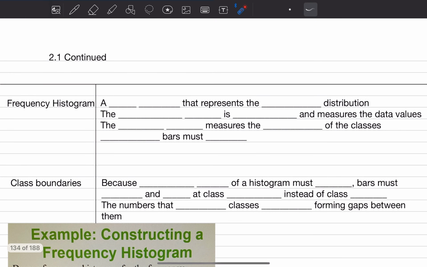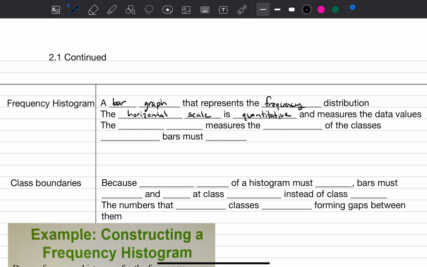Okay, let's keep going. So now we're on the new section, or the new page of notes. This is 2.1 continued. We're going to talk about a frequency histogram. So this is a bar graph that represents the frequency distribution. The horizontal scale is quantitative and measures the data values.